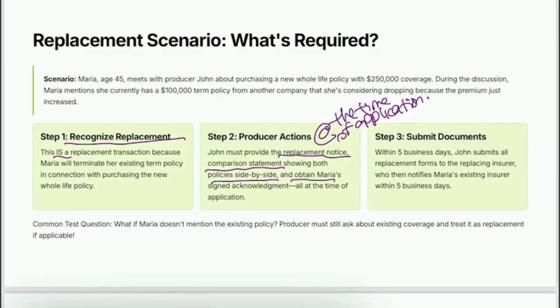All of this needs to be done at the application before submitting it. Then you submit the documents within 5 business days. John submits all replacement forms to the replacing insurer, who then notifies Maria's existing insurer within 5 business days. Common test question: what if Maria doesn't mention the existing policy? Producer must still ask about existing coverage and treat it as a replacement if applicable.